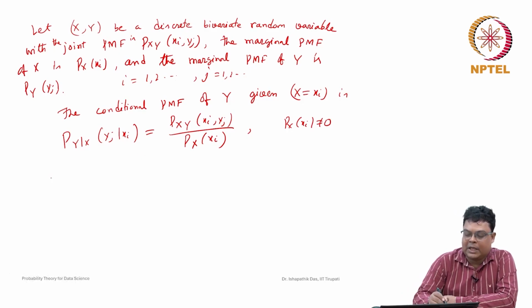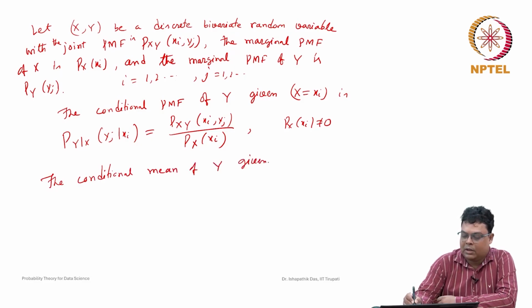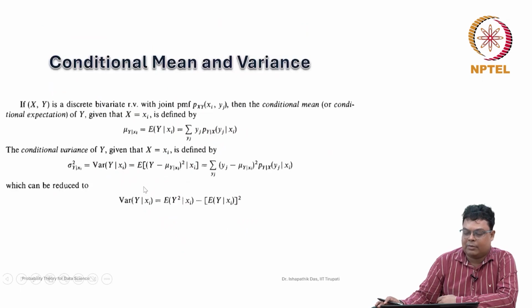The conditional mean of Y given X equal to xi is defined as follows; here the notation is followed.